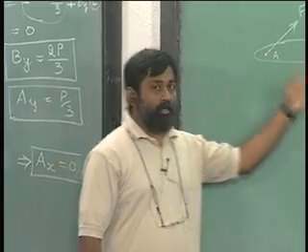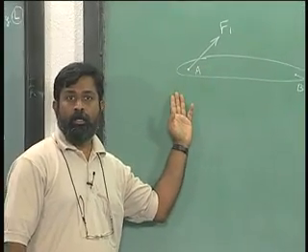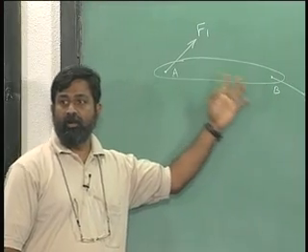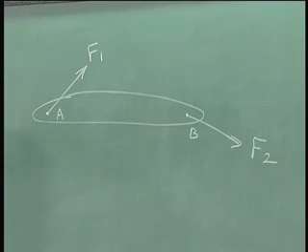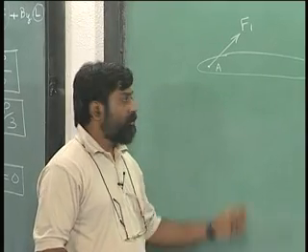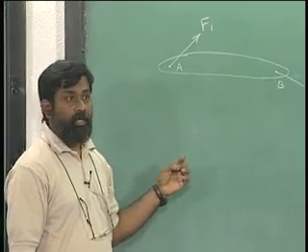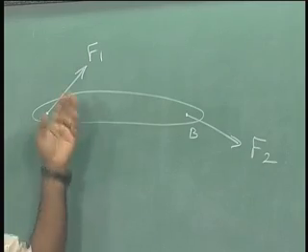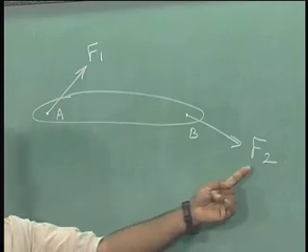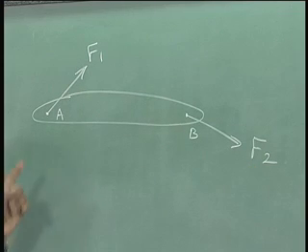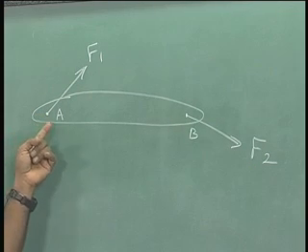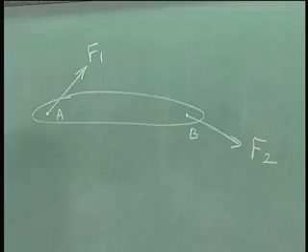One of the immediate simplifications that can be done as far as this particular rigid body is concerned is, like we did earlier, if you look at it, we have a force here and a force here, and if we want to find out the relationships or to solve for, let us say, F2 or F1, we should take moment about A or moment about B and solve the problem.